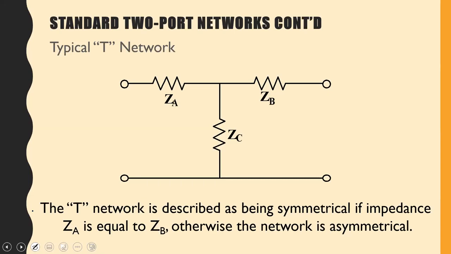If ZA is equal to ZB, then the network is considered to be symmetrical. Regardless of what C is equal to, if A equals B, then we have a symmetrical network. If A is not equal to B, then the network is described as asymmetrical.